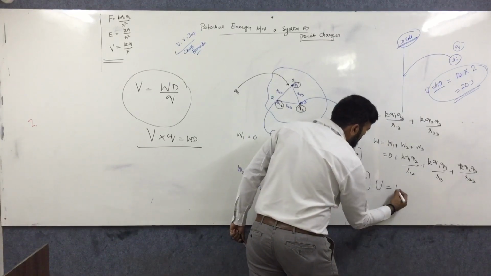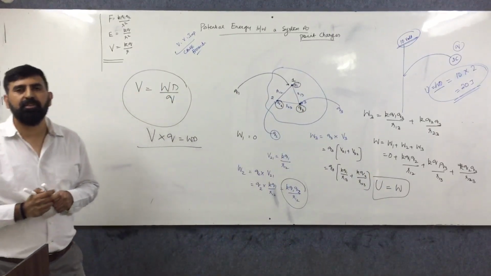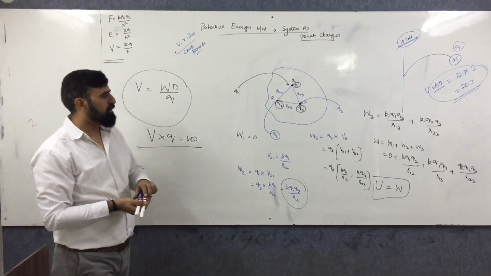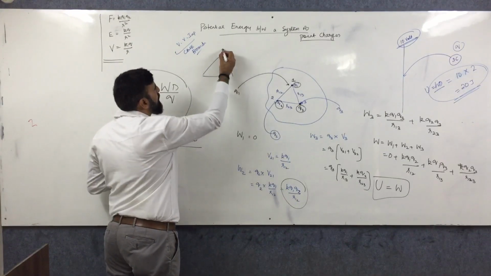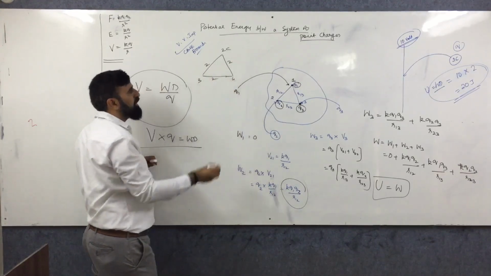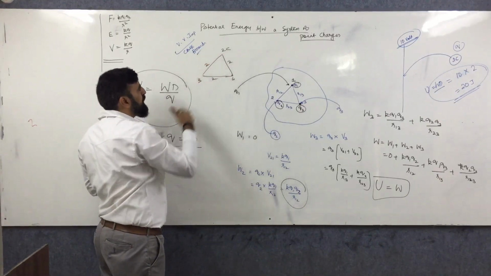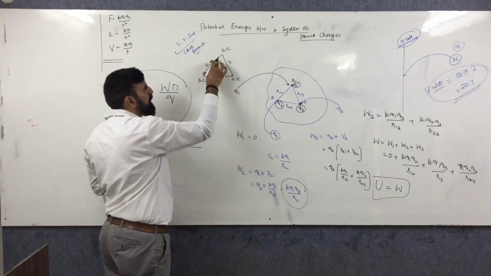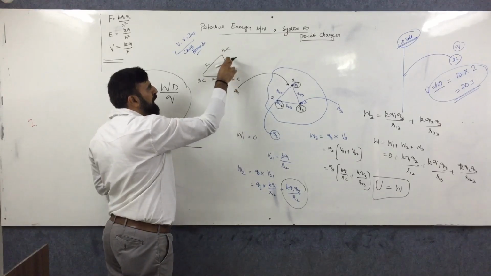This work which I have done has been stored as the potential energy of the system of 3 charges. If you have a simple triangle, maybe 2 coulomb, 3 coulomb, 4 coulomb, with sides 2 centimeter each, and they ask you what is the potential energy of the system of 3 charges, it will be K 2 into 3 by 2 plus K 3 into 4 by 2 plus K 2 into 4 by 2.